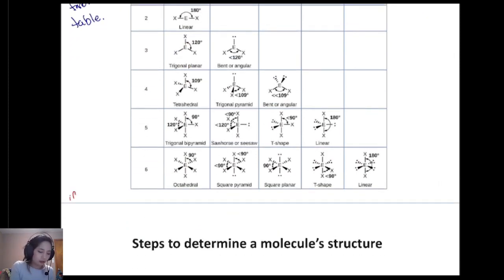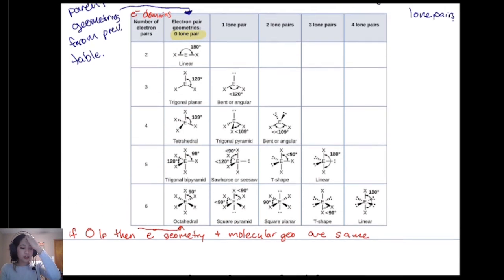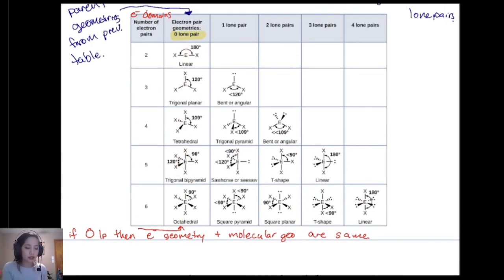So if 0 lone pairs, then electron geometry and molecular geometry are the same. That is what this first column is.